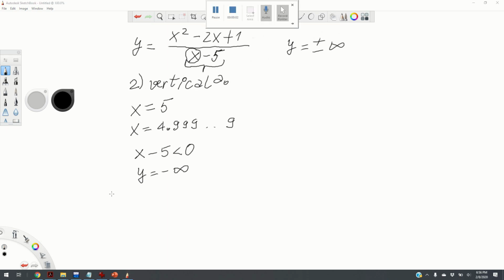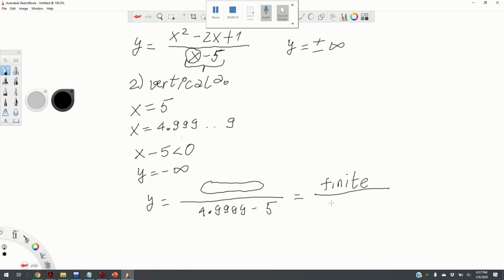You can verify this by using a simple calculator. For example, if you substitute x, let's say 4.99999, you will get 4.99999 minus 5 in the denominator, and in the numerator you will obtain a finite value. So this will be finite over something very small and negative, and this will be minus infinity.